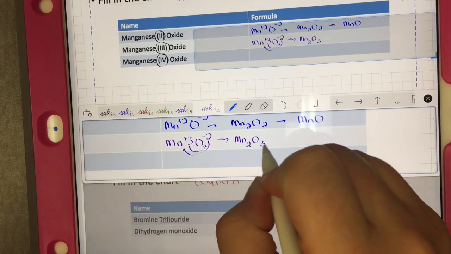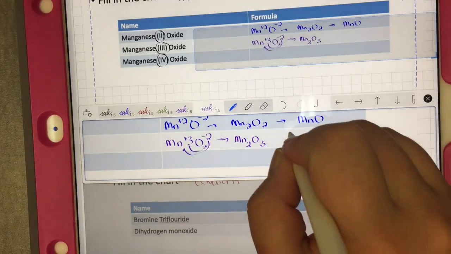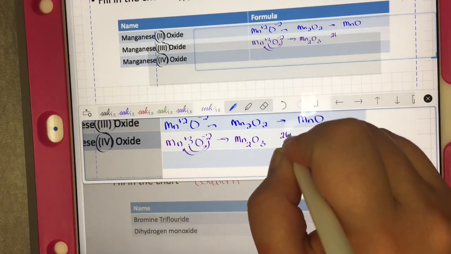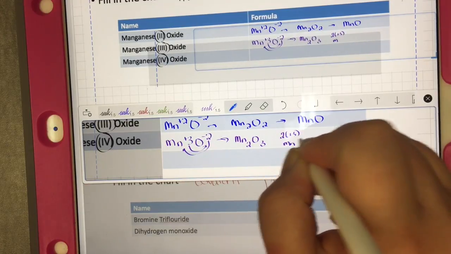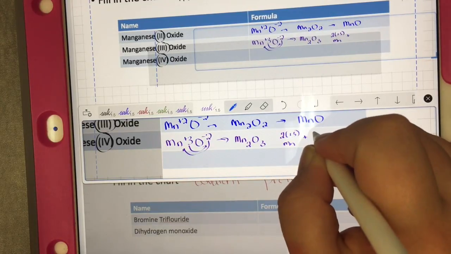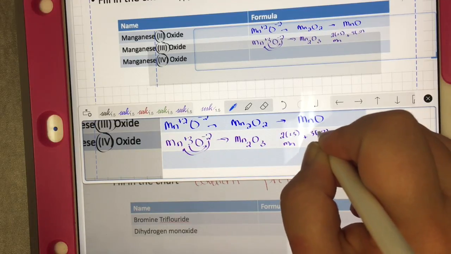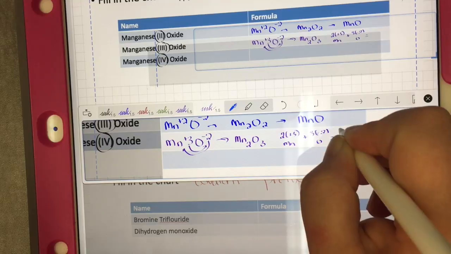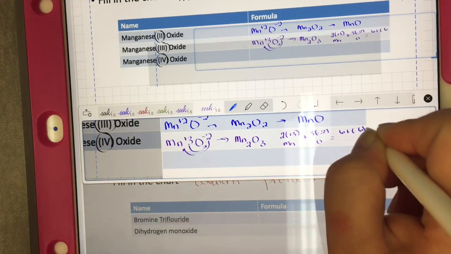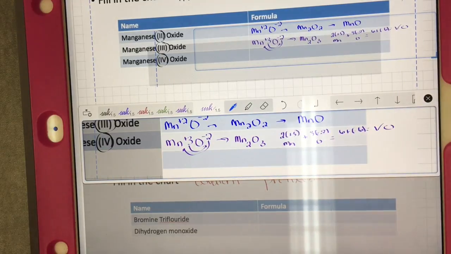We can't reduce this down anymore, and so if we just check our math real quick, we're going to have 2 times +3 for manganese plus 3 times -2 for oxygen equals 6 plus -6, and that equals 0. So we're good to go.